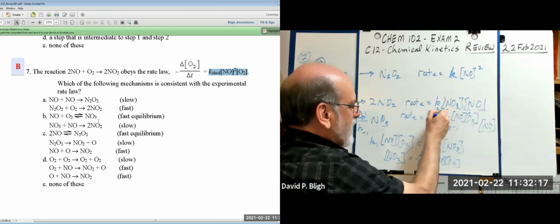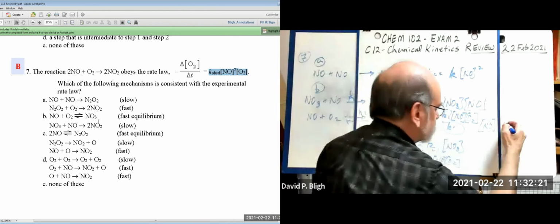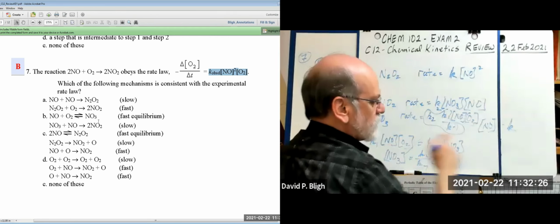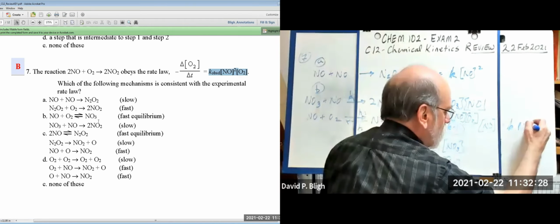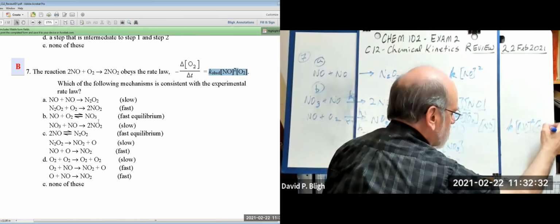So now if we combine this one into a K, we combine this one and this one into NO to the second power, and that leaves us with oxygen.